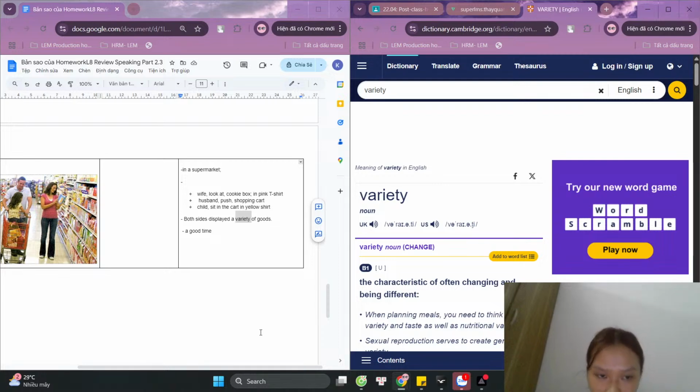On the left side, a husband is pushing a shopping cart. A child is sitting in the cart. Both sides display a variety of goods. It looks like a good time.